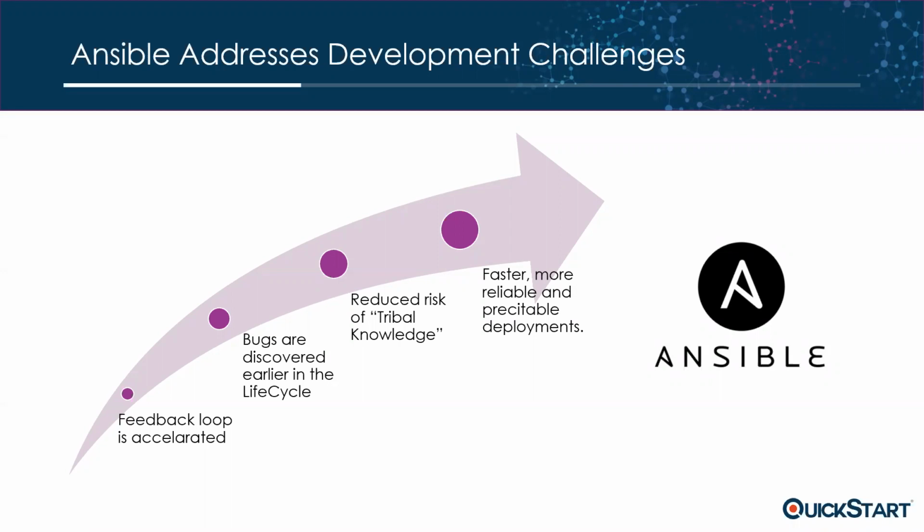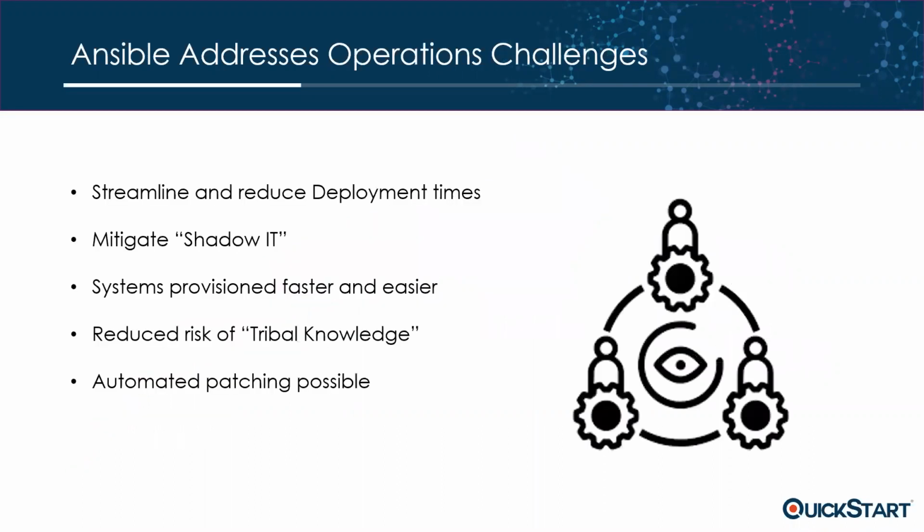So automation by Ansible at the dev level means quicker, more predictable, and more reliable deployments. This is the main goal for the challenges that we are facing with Ansible.